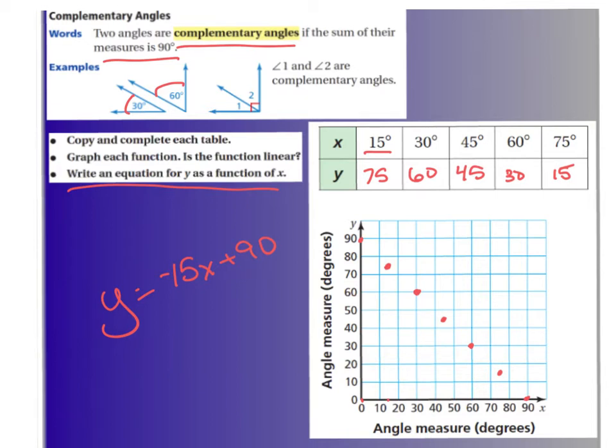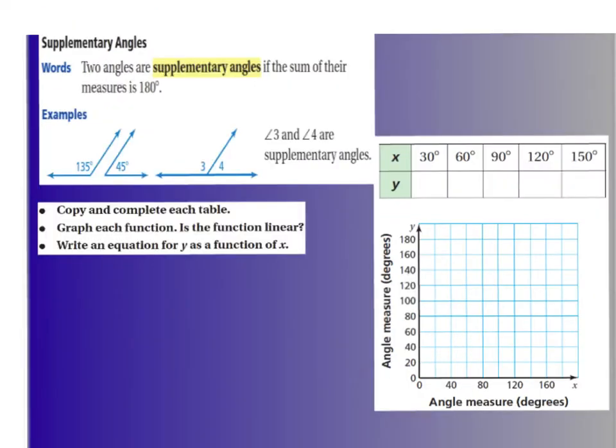So let me erase that. This should be a 1x because it's basically going down. Sorry, negative 1x. Whew. Keep missing pieces. It's a negative slope. So negative 1x plus 90.